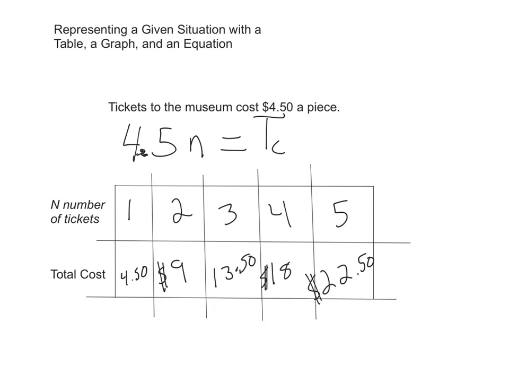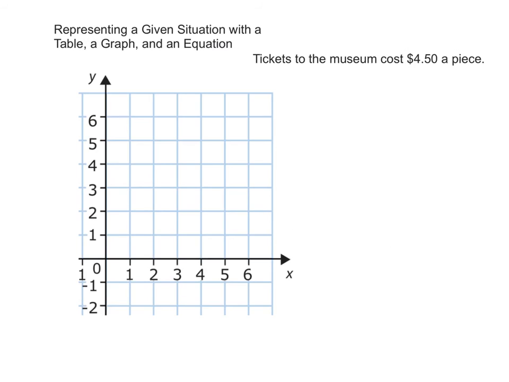Let's talk about doing a graph. So here's our graph. And basically we want to plot the points where these things sort of come out even. Now the issue here is, you'll notice our y-axis is probably not big enough because it only goes up to 6, and we know after 2 tickets we're already going to be at $9. So let's assume our y-axis is in tens, 10, 20, 30, 40, 50, 60 instead of 1, 2, 3, 4, 5, 6.